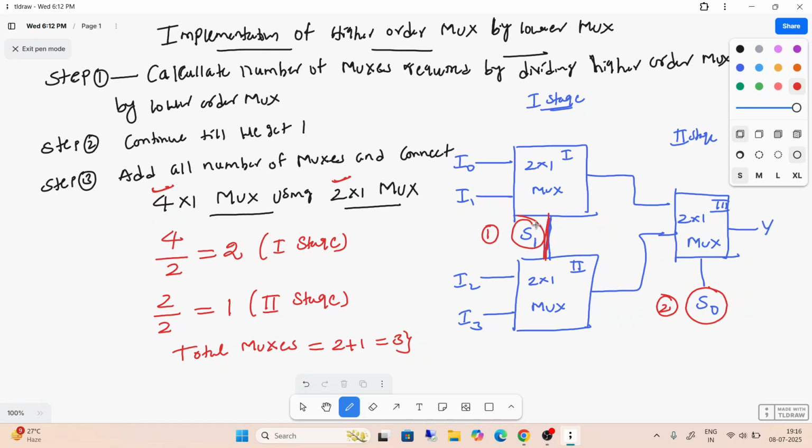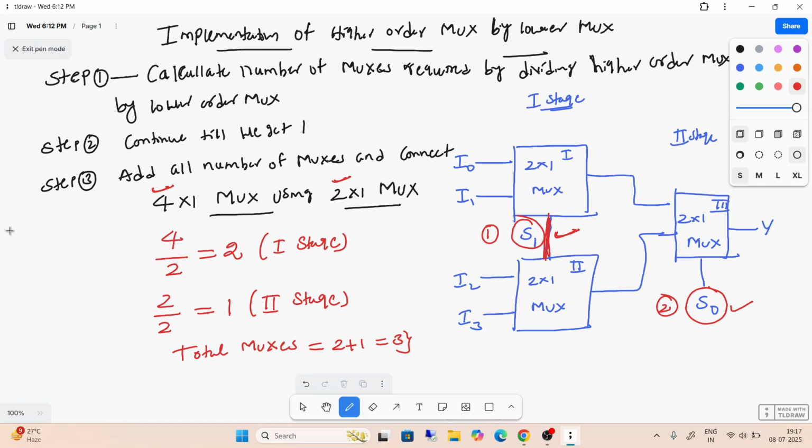One selection line, S1, is common for the two muxes in the first stage.